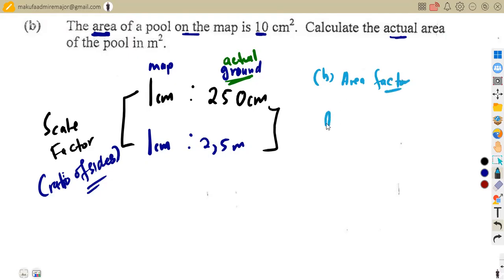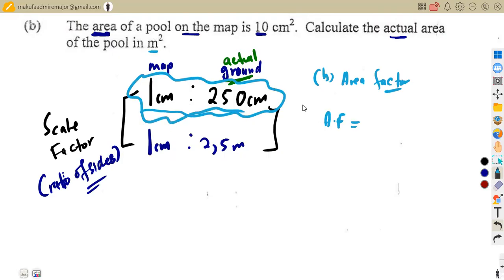So how do you find the area factor first? The area factor is simply taken from the scale factor. You just square. Remember, area is measured in square units, to the power of 2. But which part? Remember, our answer is needed in square meters. So you're not going to square this one in centimeter. You need to change those units again, so avoid that.